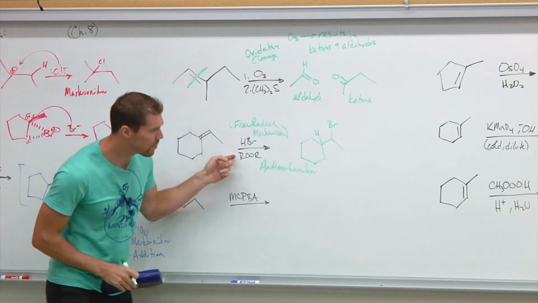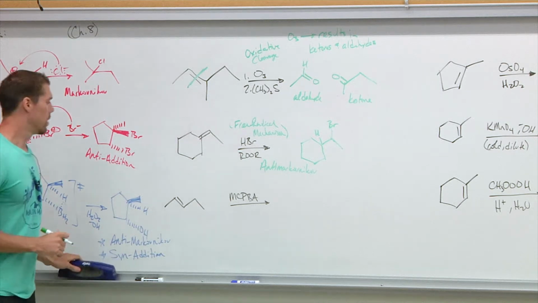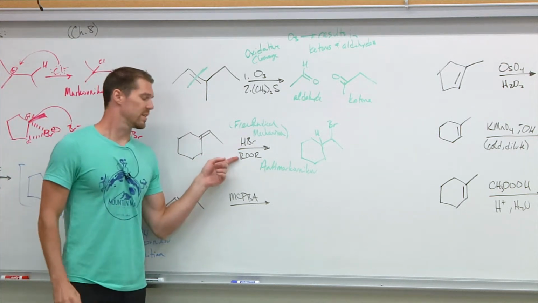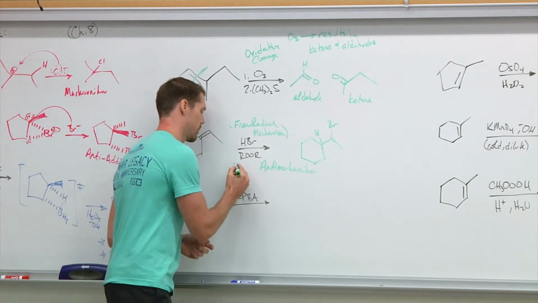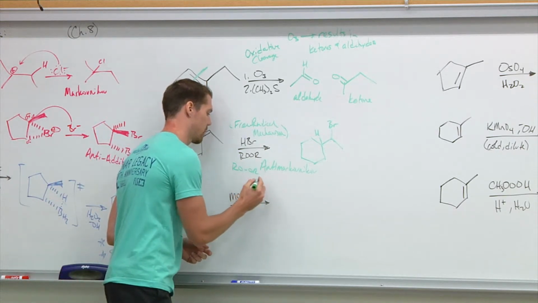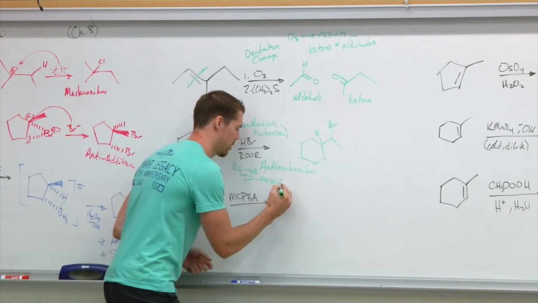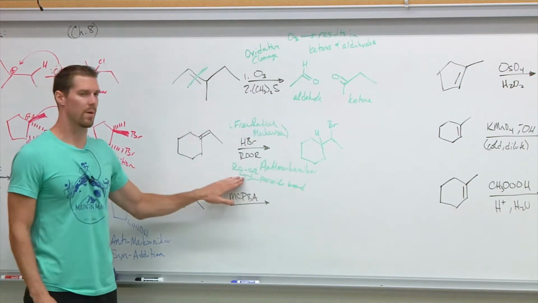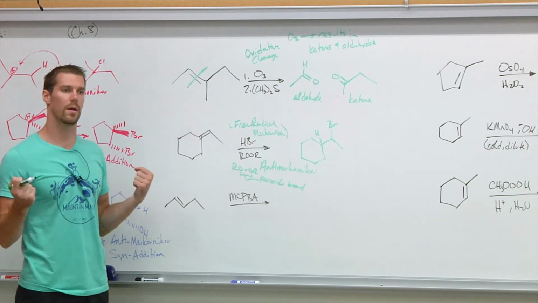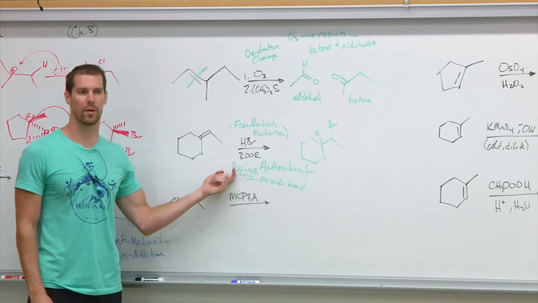If you have this peroxide, so if you have a peroxide bond that's just a very weak bond, and it breaks homolytically, resulting in a free radical.